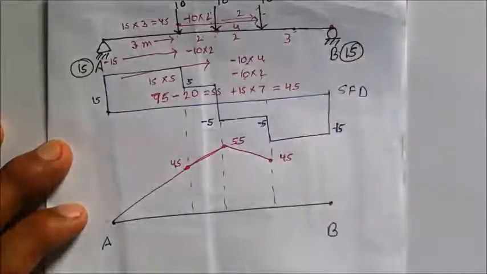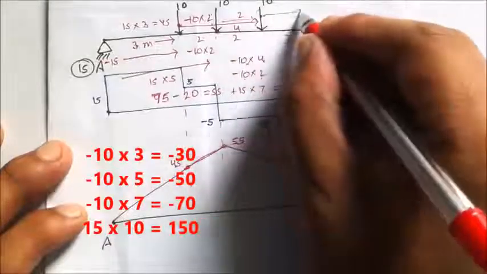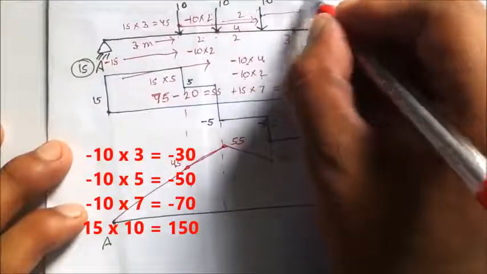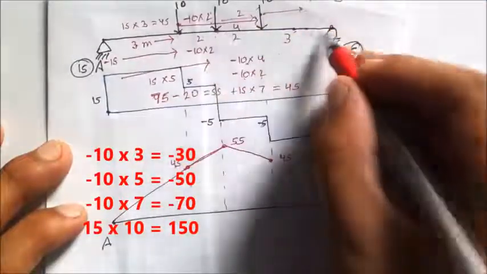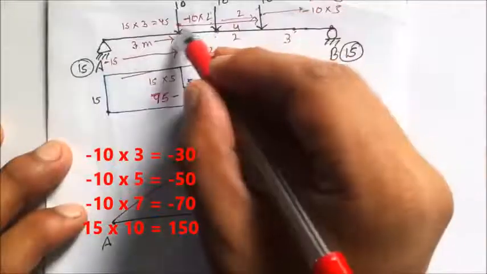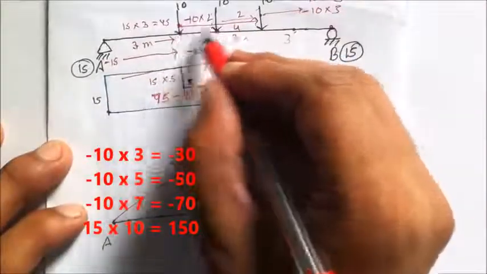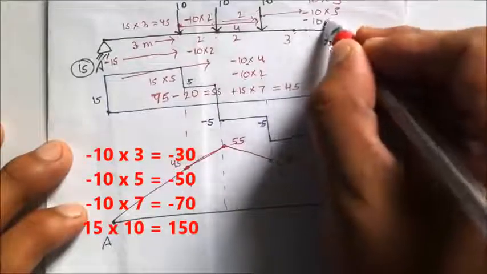For the last, Rb, again a 10 kilonewton load is present. For this 10 kilonewton load, the distance is 3, so it will be -10 into 3. For this 10 kilonewton load, the distance is 5, so it is -10 into 5. And for this 10 kilonewton load, the distance is 7, so it is -10 into 7.